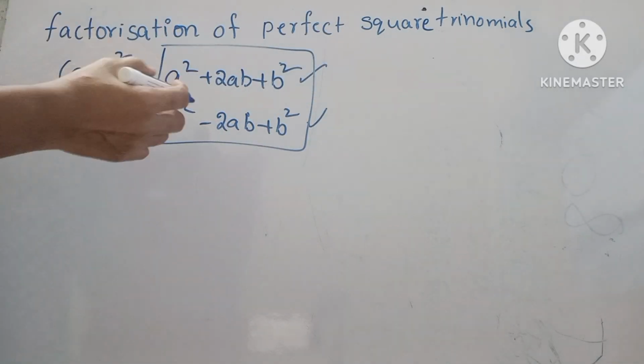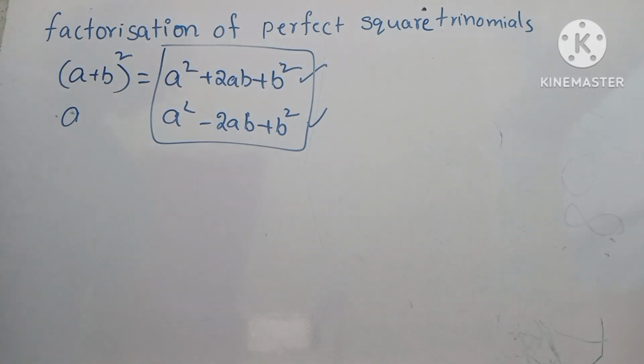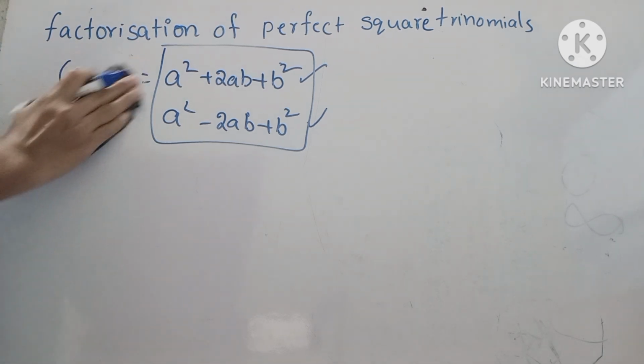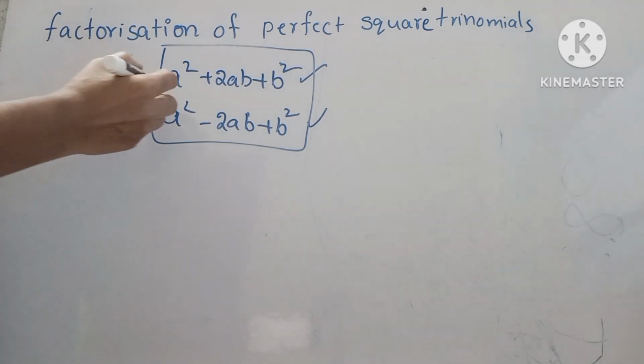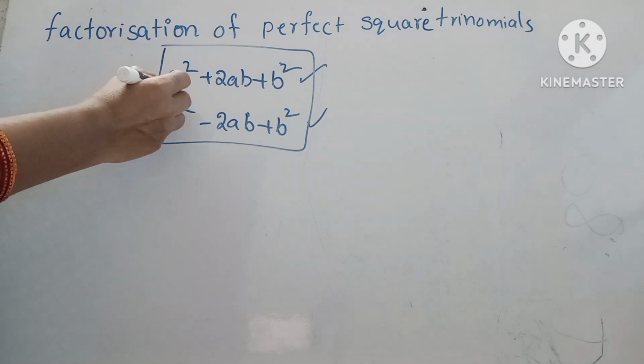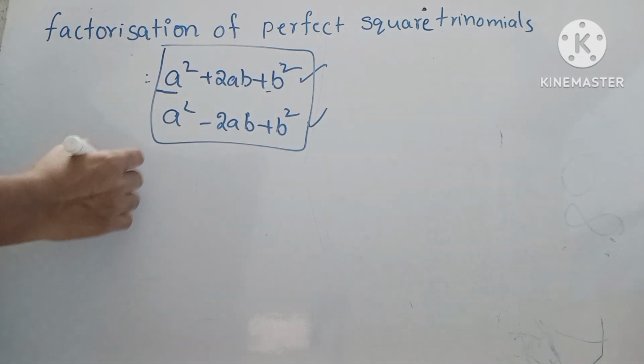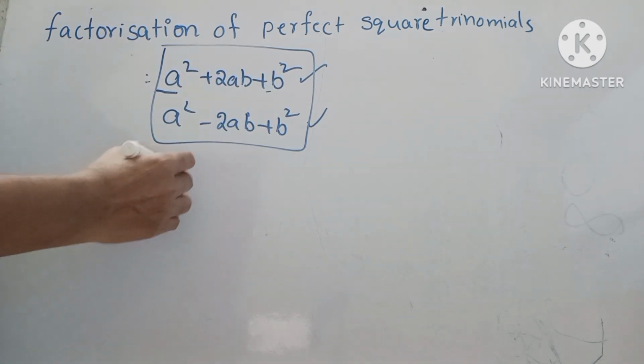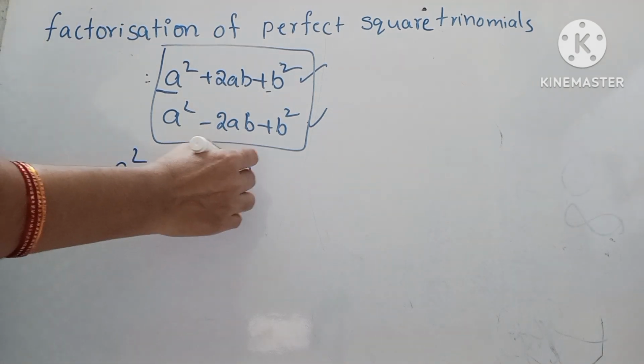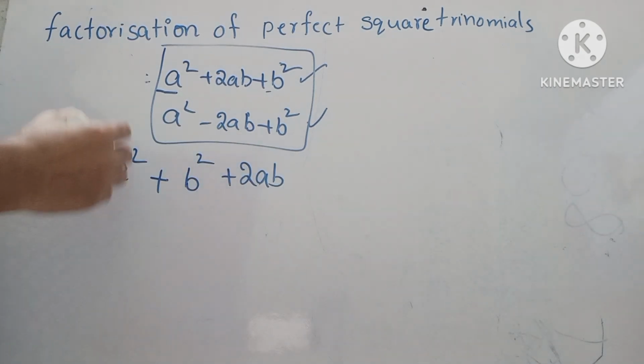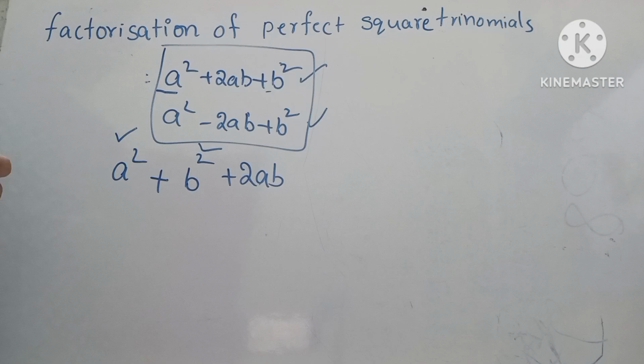So, how do we factorize such perfect square trinomials? A trinomial in which two terms are perfect squares and the third term is twice the product of their square roots: a square plus b square plus 2ab. రాసినప్పుడు first term, second term perfect squares.